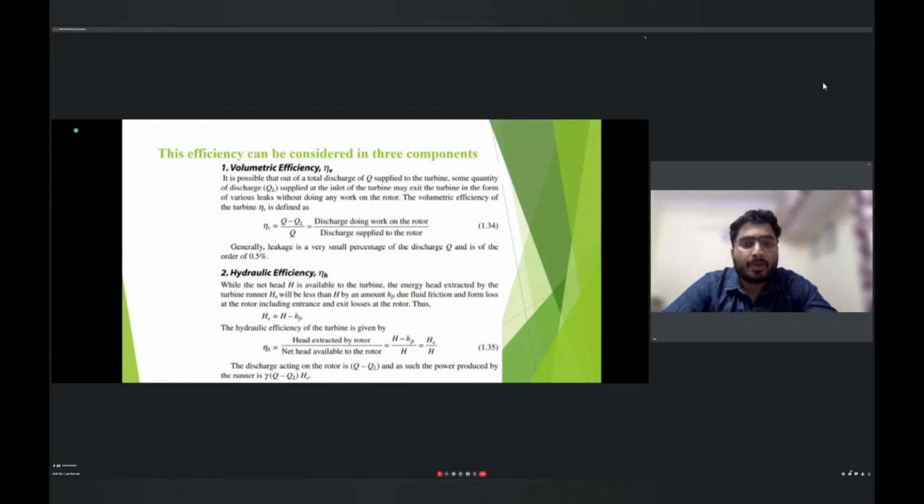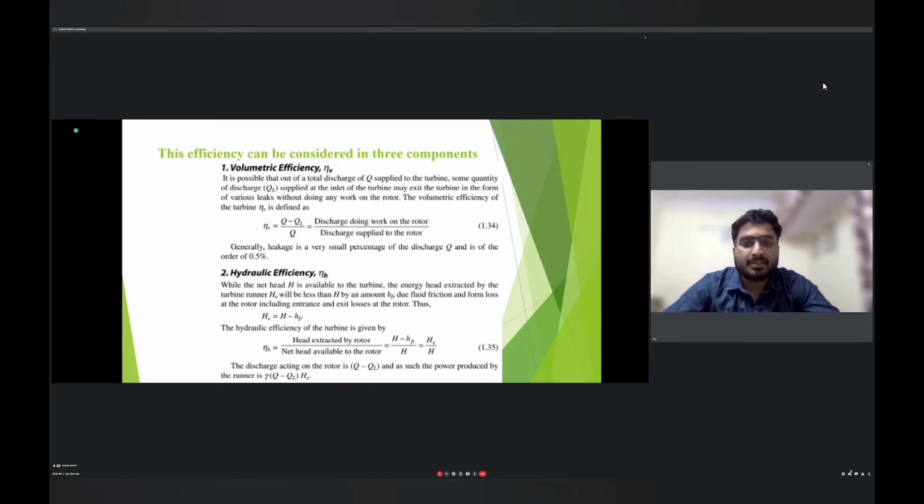The volumetric efficiency of the turbine is defined as, here is the formula, discharge doing work on the rotor divided by discharge supplied to the rotor. Now generally leakage is a very small percentage of the discharge Q and is of the order of 0.5% only.